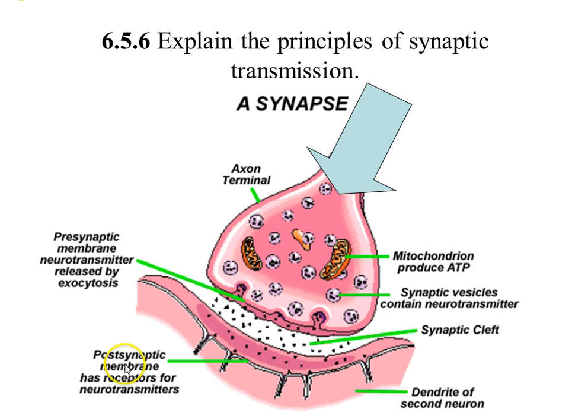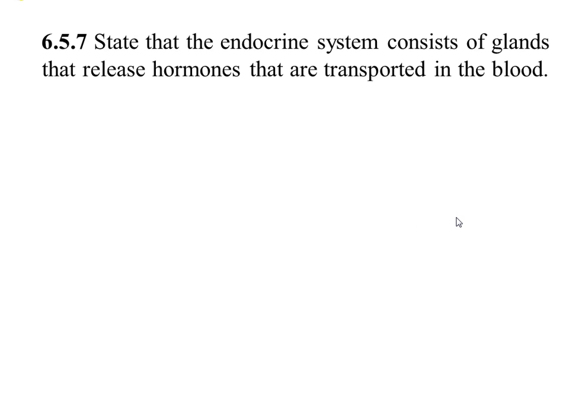Then the postsynaptic membrane has proteins on it, or receptors, that accept specific neurotransmitters and engulf them through endocytosis, thereby sending the next electrical signal. So it goes from an electrical signal to a chemical signal back to an electrical signal, all the way from, let's say, a sensory neuron through the relay neurons back to the motor neurons.